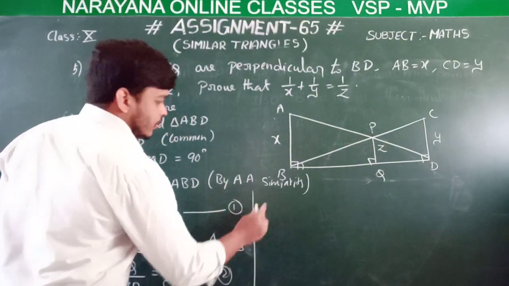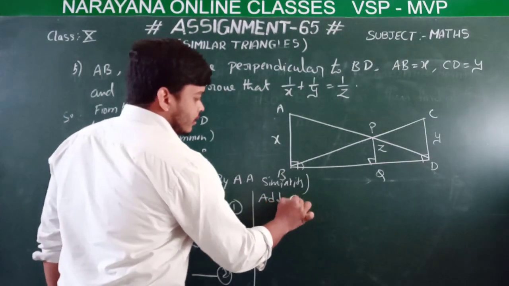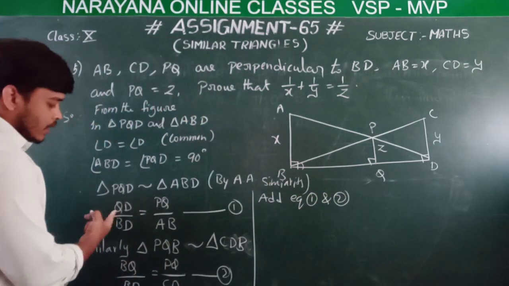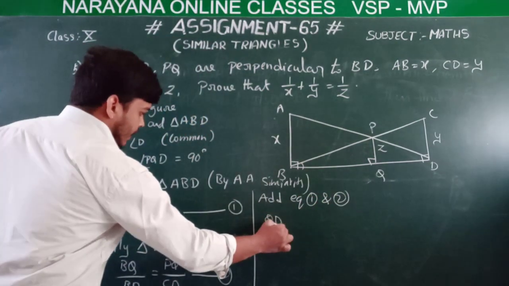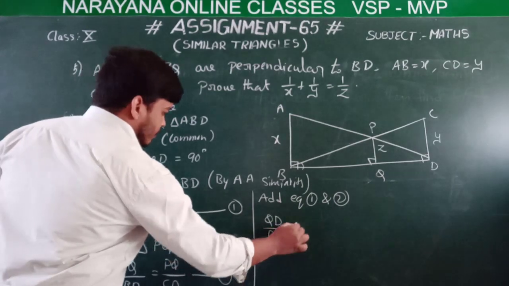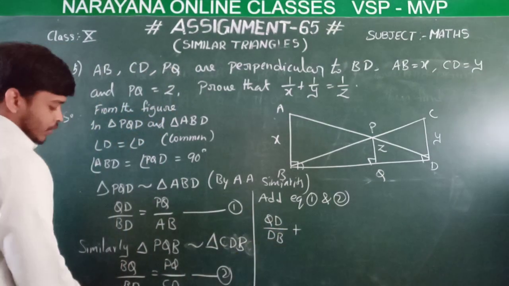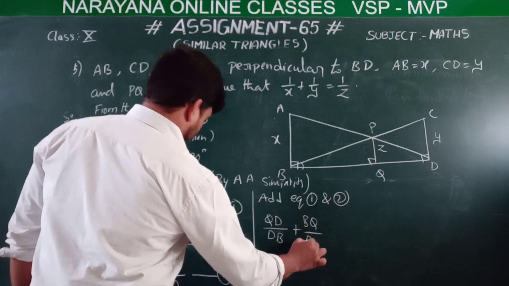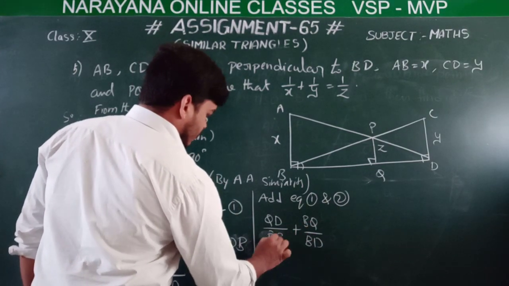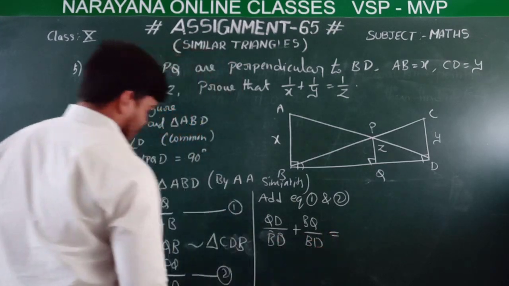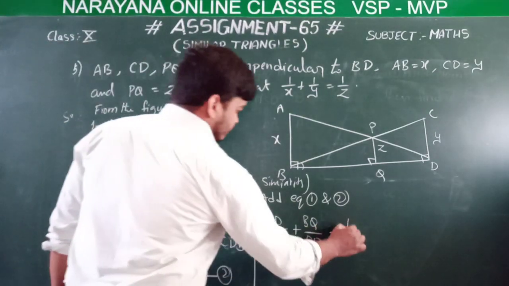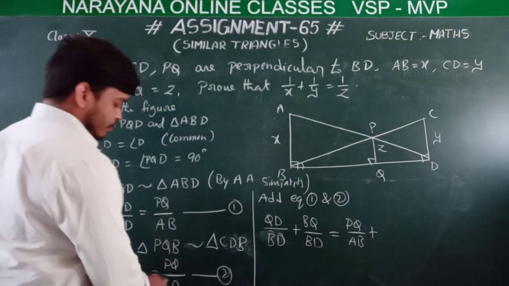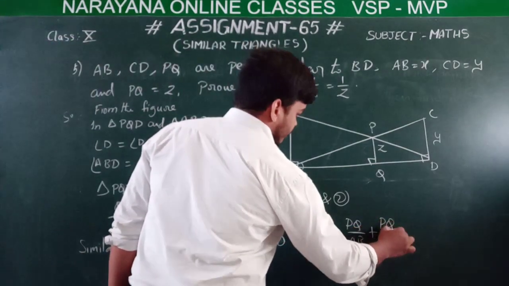Add equation 1 and 2. Here equation 1 is QD by DB plus BQ by BD is equal to PQ by AB plus PQ by CD.